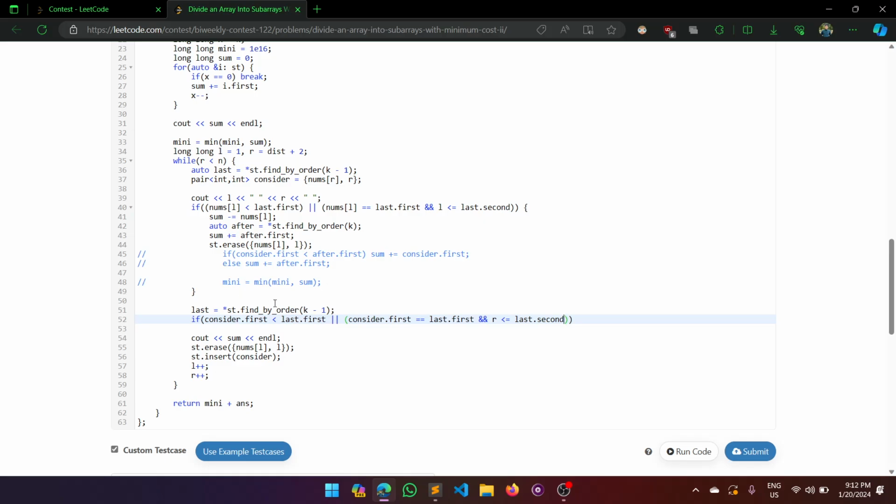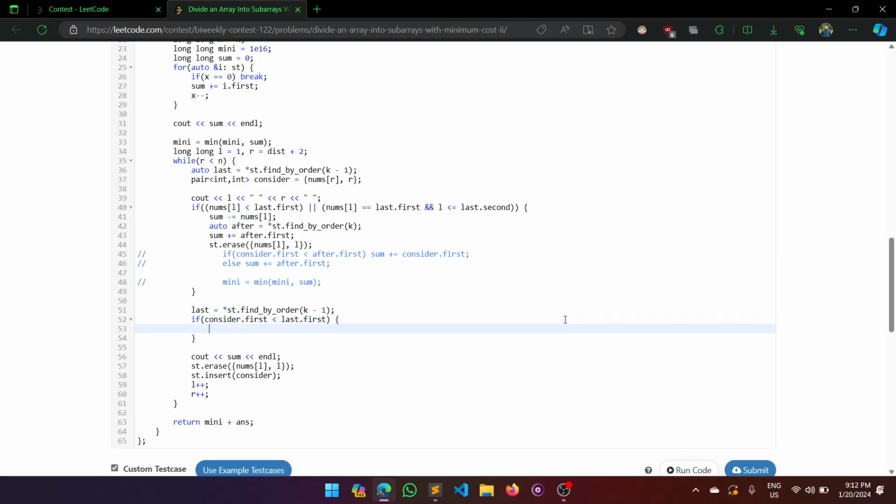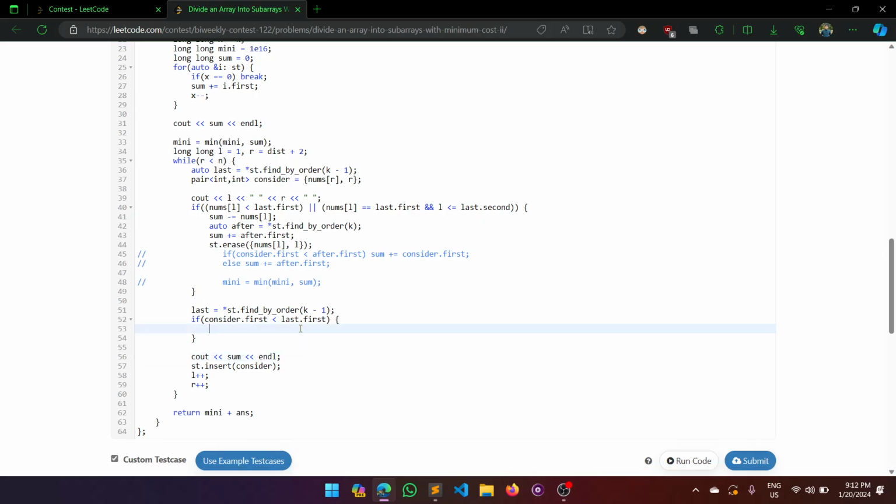I mean, R is going to definitely be greater than that, even if they are equal. It can't remove that one. Then what we will do is we'll remove last.